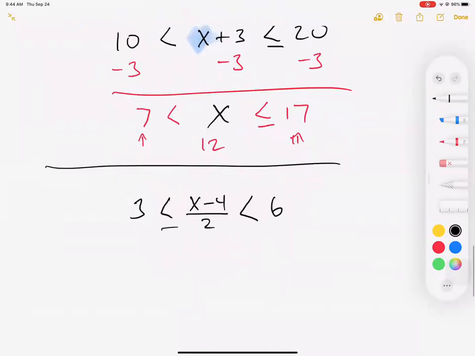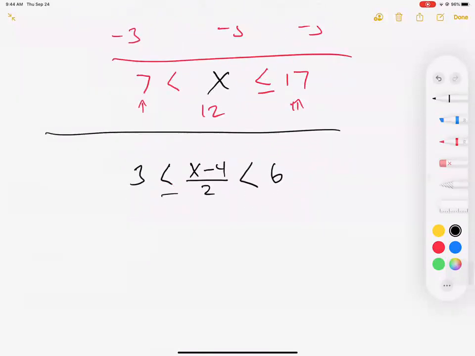If you're not sure what to do, remember, just use your hand and cover up the left side like it doesn't exist. So what's my first step? Do we get rid of the 4 or the 2? Hopefully you're getting better at this. We're going to get rid of the 2, multiply both sides by 2.